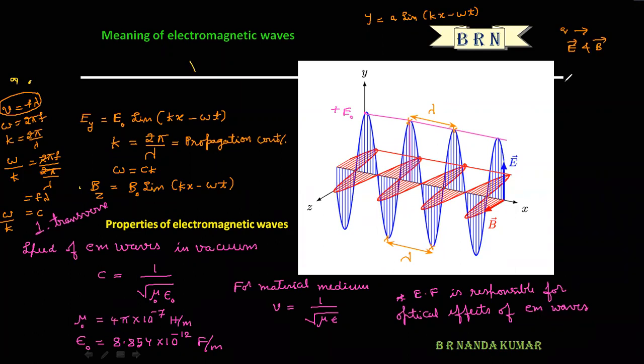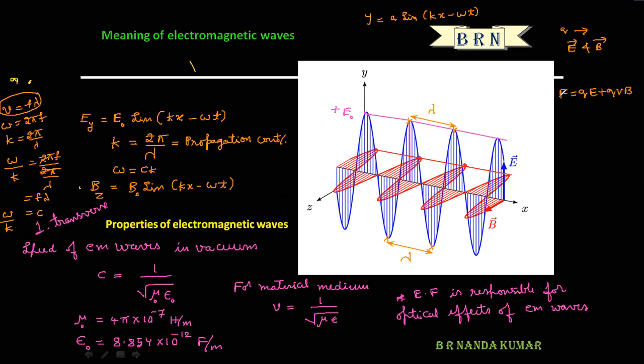The net force, the total force experienced by a charged particle moving in a region where both the electric and magnetic fields are present, is the Lorentz force. The mathematical expression is F is equal to QE plus QVB.